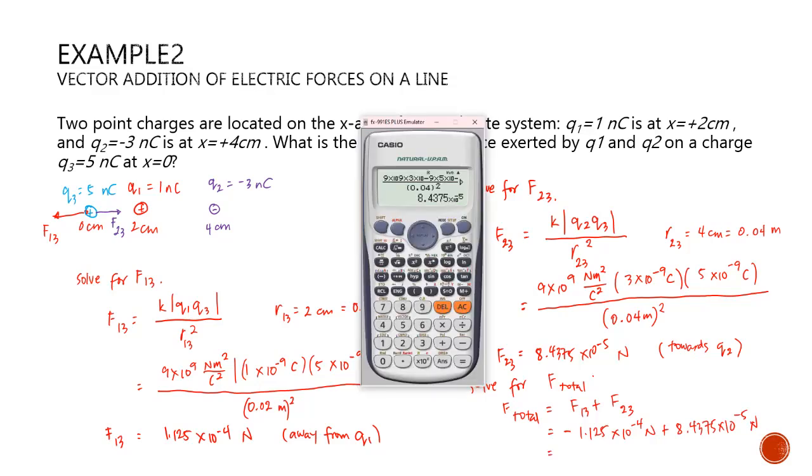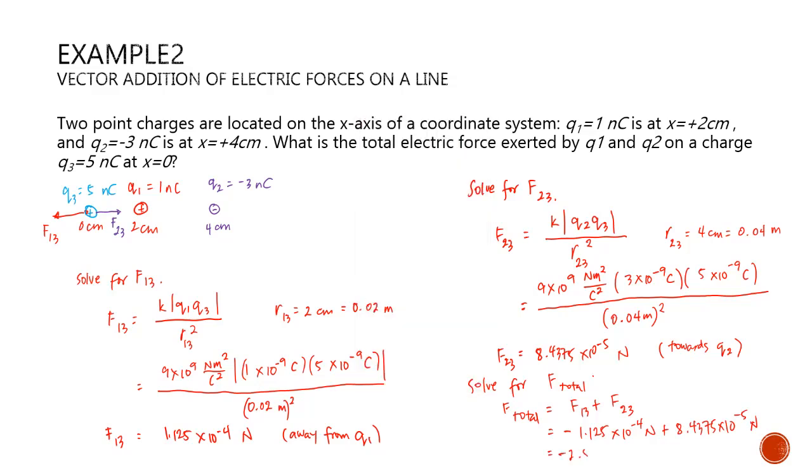So add them. The F sub 2, 3 value is already on the screen. So just put minus 1.125 times 10 raised to the power of negative 4. So the total force is negative 2.8125 times 10 raised to the power of negative 5 newtons.